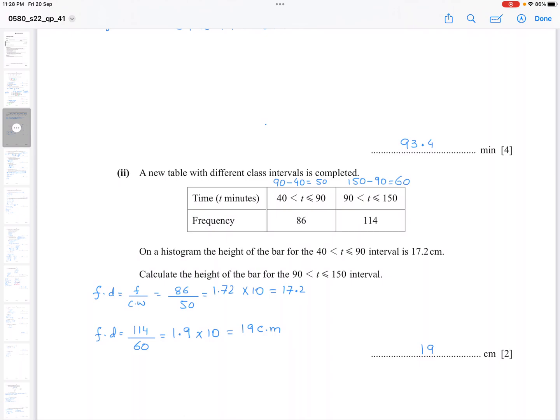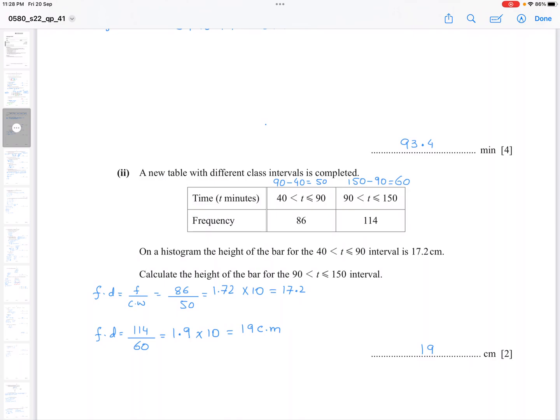So the frequency is 86 for the first class divided by 50. The 50 comes from the class width, which is 90 minus 40. So you get 1.72. If you multiply this 1.72 by 10, you get 17.2, which is given in the question.